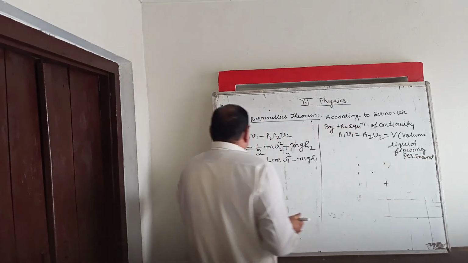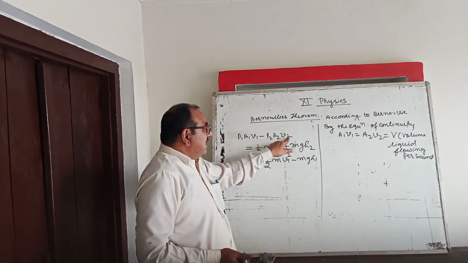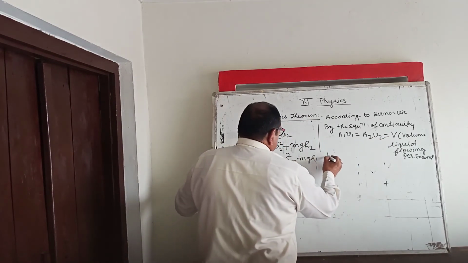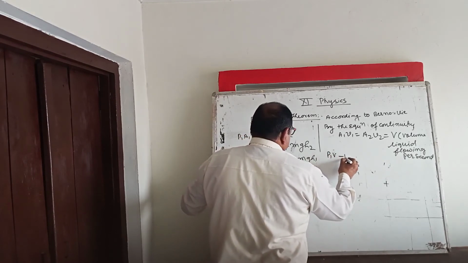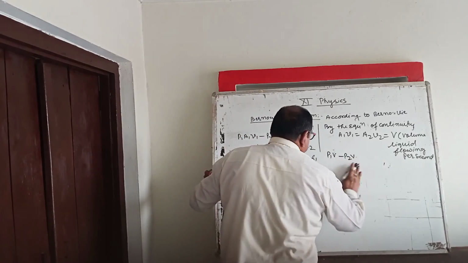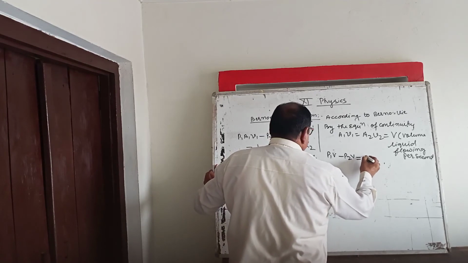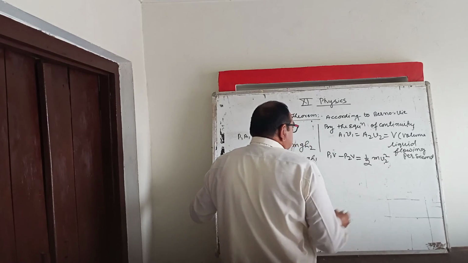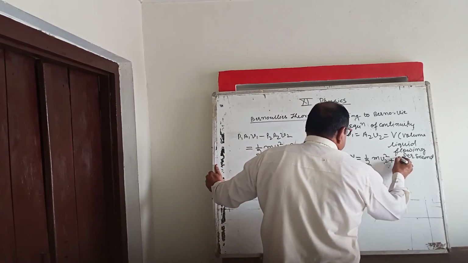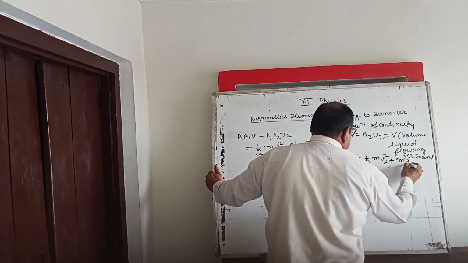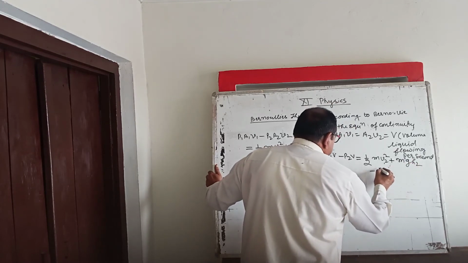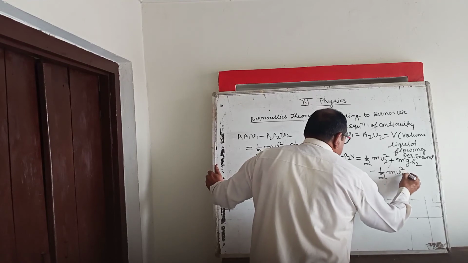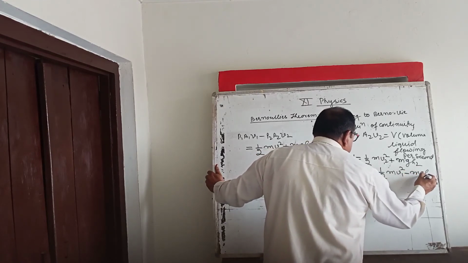So in place of A1 V1 and A2 V2, I can write V. Now write this: P1 V minus P2 V equal to half m v2 square plus m g h2 minus half m v1 square minus m g h1.